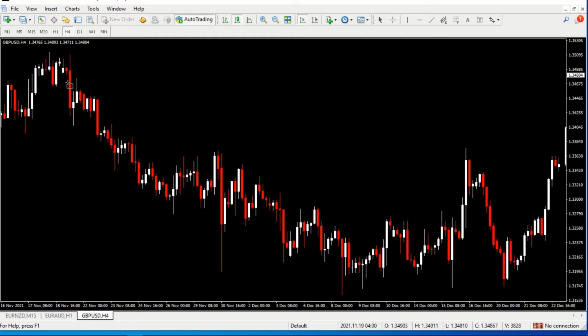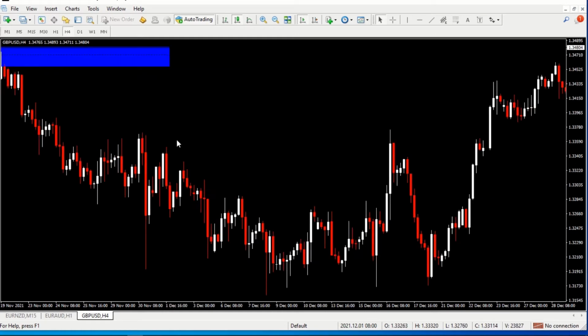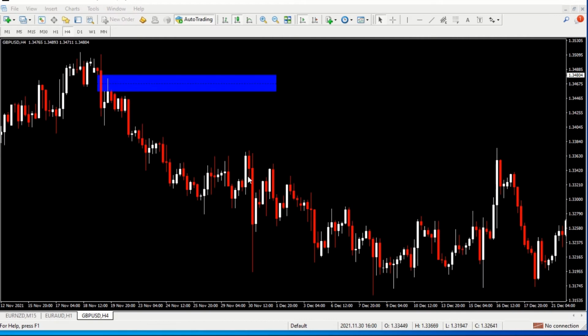In mapping it, we use our rectangle tool from the lower wick of the left candle to the upper wick of the right candle. Then you extend the zone. So looking at it carefully, it is the distance between the two candles on both sides of the momentum candle. So as you see, price traded into the FVG to fill the gap, then went bearish.